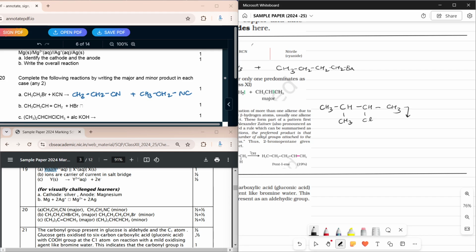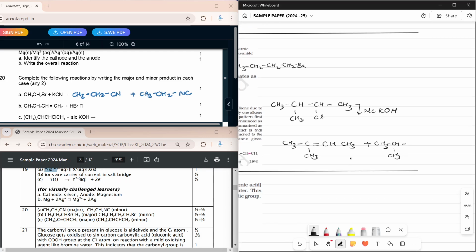So let's write down both our products first. CH3, C, CH3, double bond, CH, CH3, plus, when it gets kicked out from the other carbon atom, CH3, CH3, CH, and double bond CH2.